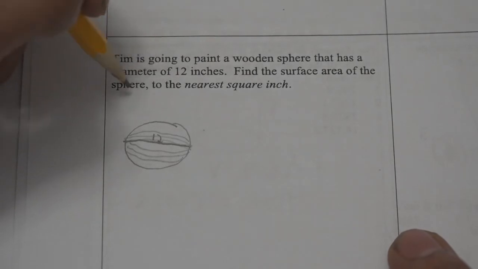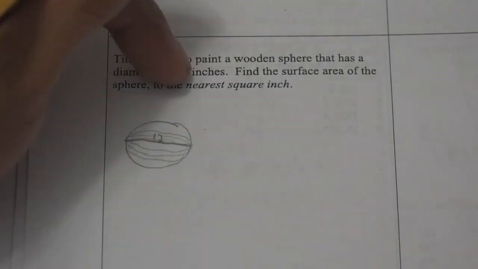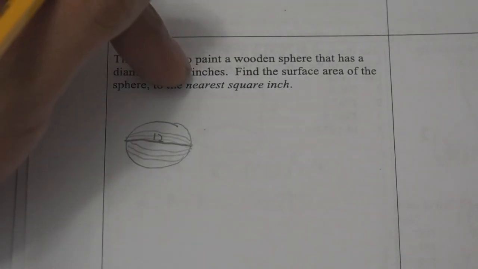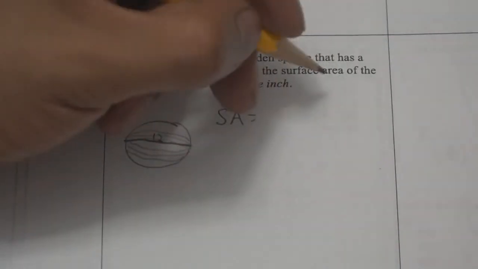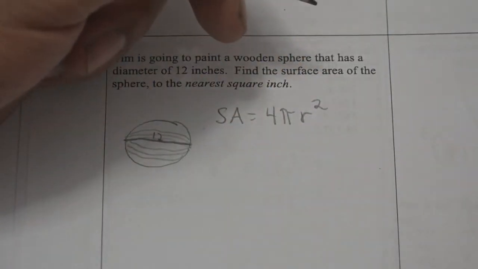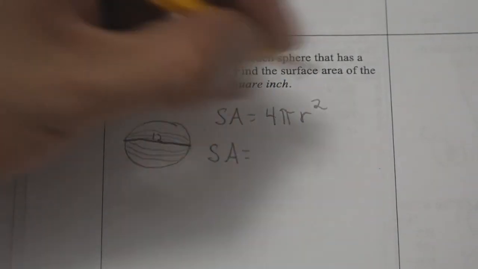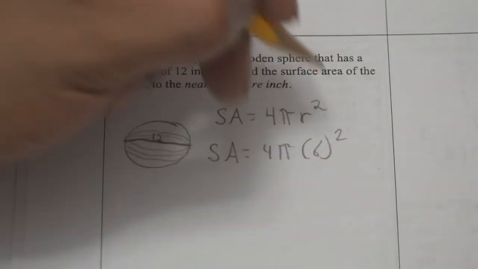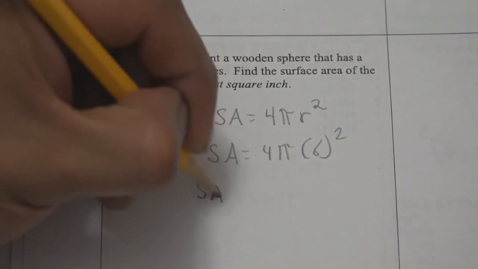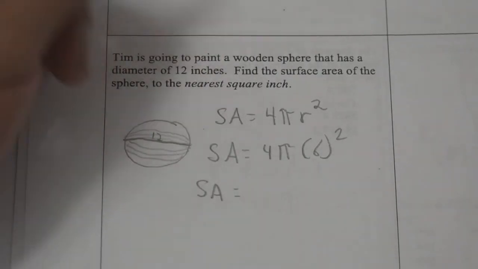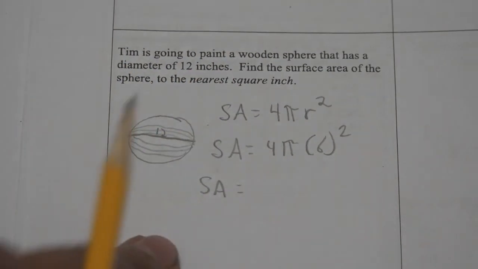Find the surface area of the sphere to the nearest square inch. So how do I find the surface area of a sphere? It's 4 pi r squared. Why r squared and not to the third? Because I'm finding area. So it's 4 times pi times the radius, which is 6 squared. It says to the nearest square inch, so I can just multiply everything through.